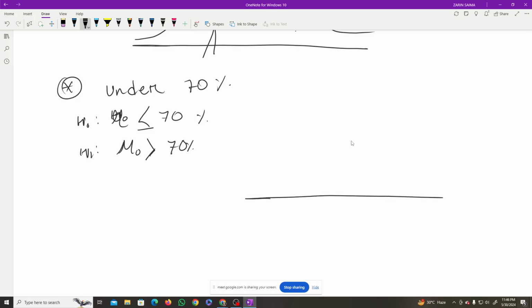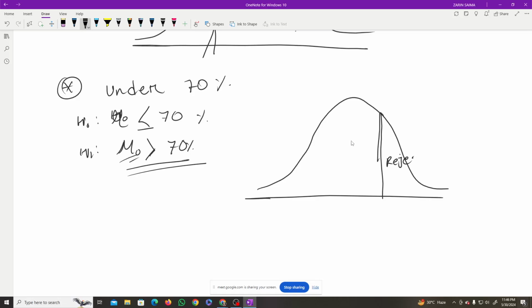The distribution would look something like this, and this is the part we are concerned with, if it is more than 70%. If the students got more than 70% on average, we will reject the null hypothesis, and otherwise we will accept the null hypothesis.